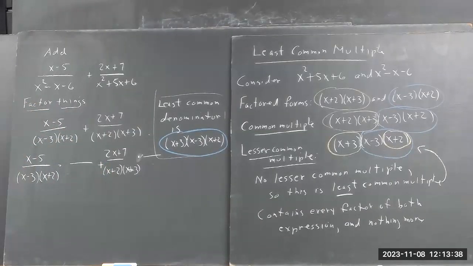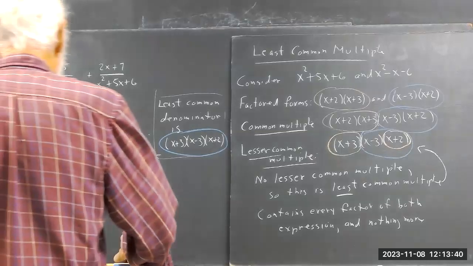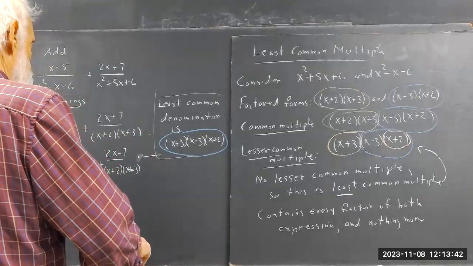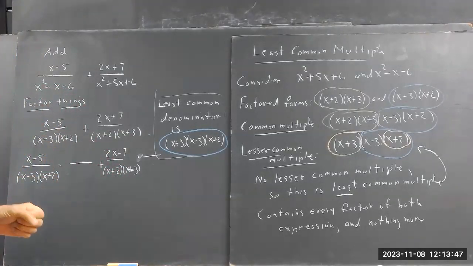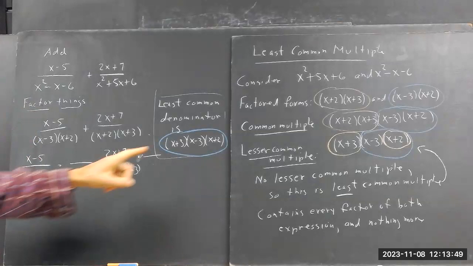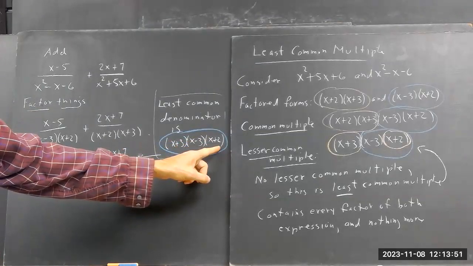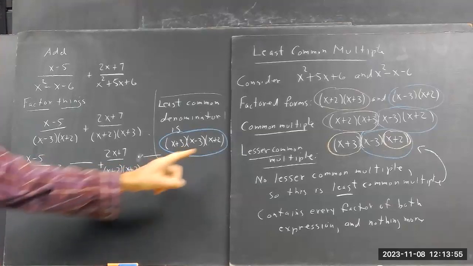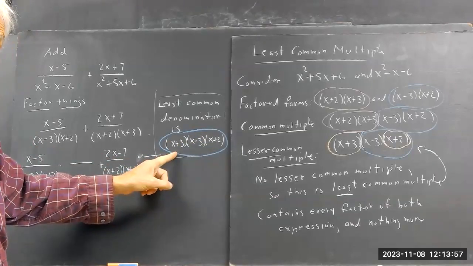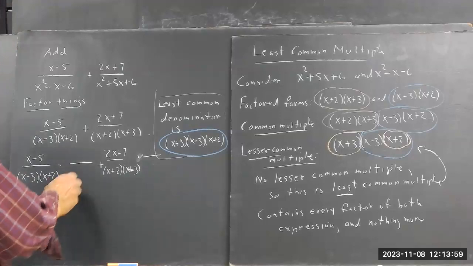Okay, so that was pretty good. Not everybody had it written down right, but as soon as I pointed it out, everybody nailed it. Okay, so here's what we asked. We need this, this, and this. What have we got? We've got x minus 3. We've got x plus 2, but we don't have x plus 3. So we need x plus 3.